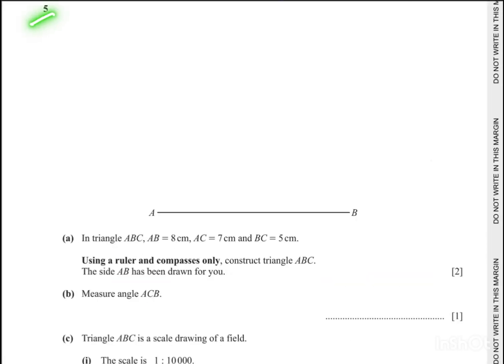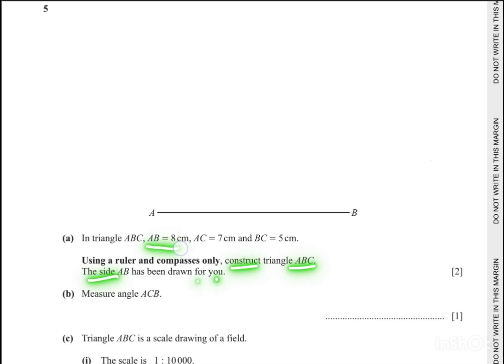Question number 5. In triangle ABC, AB is equal to 8 centimeters, AC is equal to 7 centimeters, and BC is equal to 5 centimeters. Using a ruler and the compasses only, construct triangle ABC. The side AB has been drawn for you.